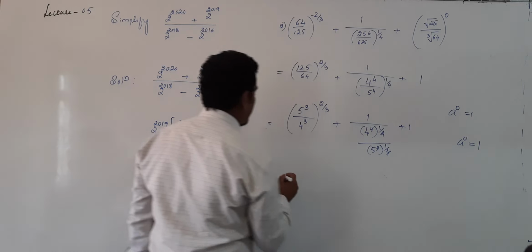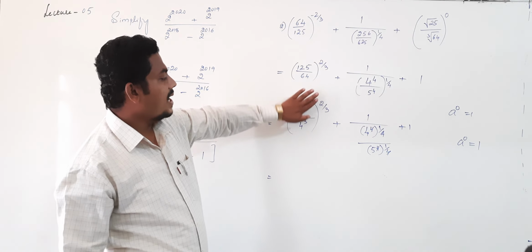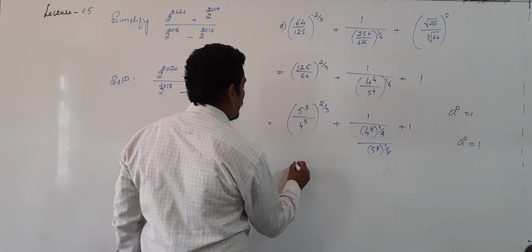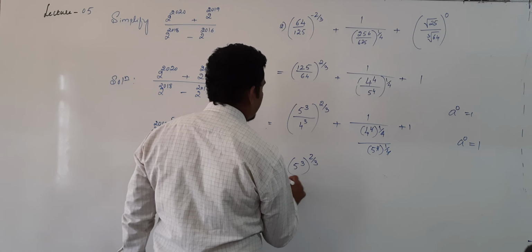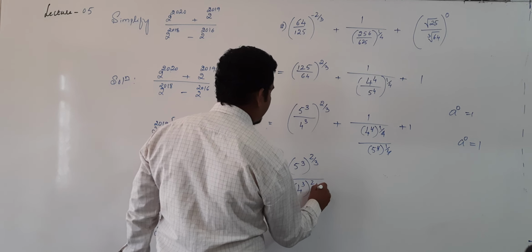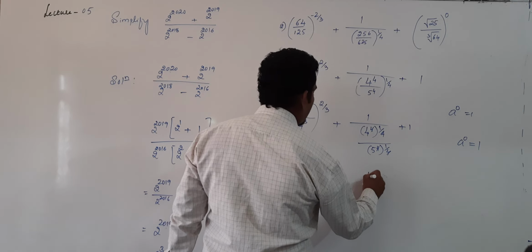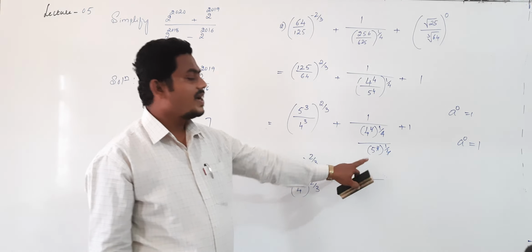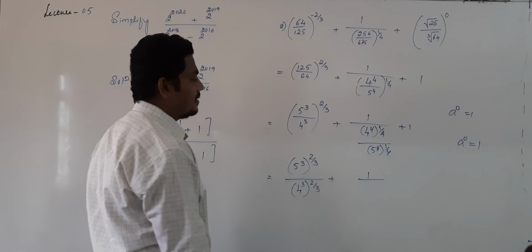Plus 1. Next, here also the same property, or else first apply (a by b) whole thing power n. (5 cube) whole thing power 2 by 3 divided by (4 cube) whole thing power 2 by 3, plus 1 divided by 4 by 5, which means the denominator of the denominator becomes the numerator.